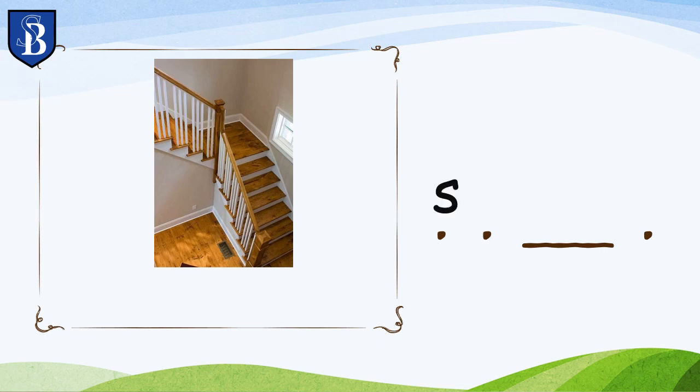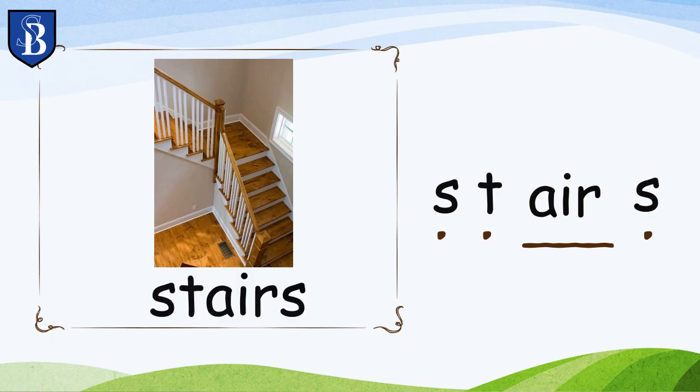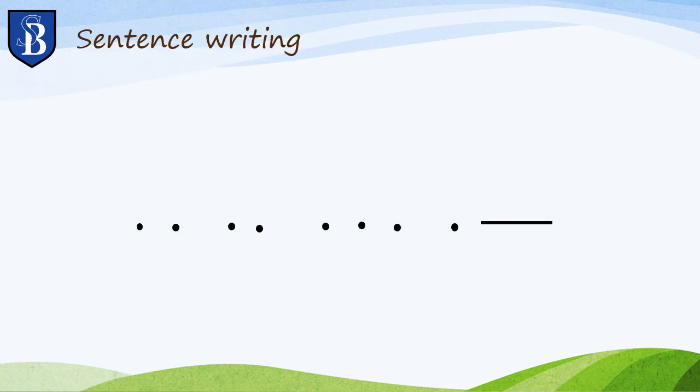S. We need the letter S to write the S sound. A T, that's that second letter that I said might be tricky to hear. St, st. Air, our trigraph for today. And an S for that S at the end. Stairs. S-T-A-I-R-S, stairs. Well done if you were able to write that word with me.